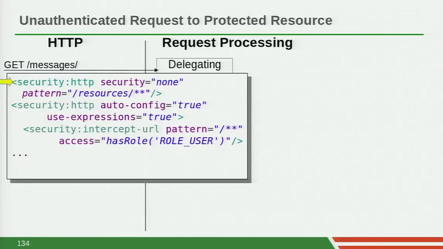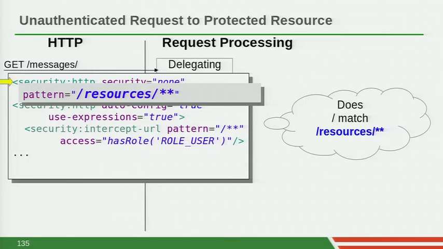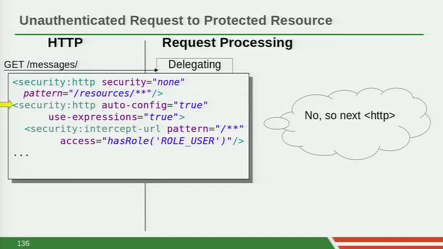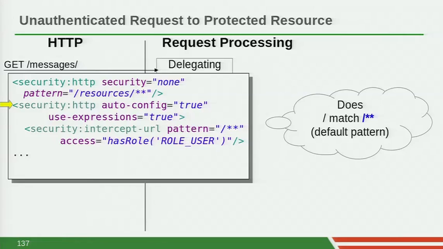Let's see what happens when we request a URL other than resources. So here we're requesting /messages/. So does / match /resources/**? No, it doesn't. So now we're going to go to the next HTTP element. Does / match /**? And this /** is on the HTTP element itself. It's not the intercept URL. It's the HTTP element itself. And the reason why it's /** is the default pattern for HTTP element is /**. So again, just like the intercept URLs are considered in order, so are the HTTP elements.